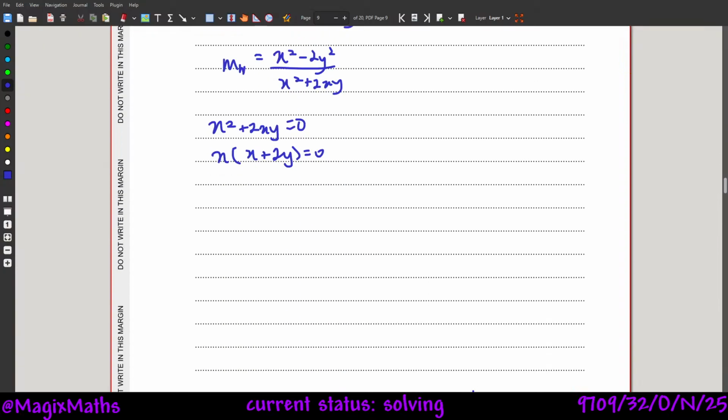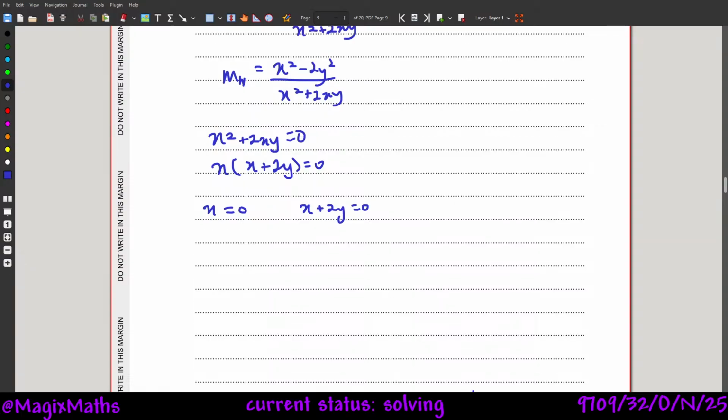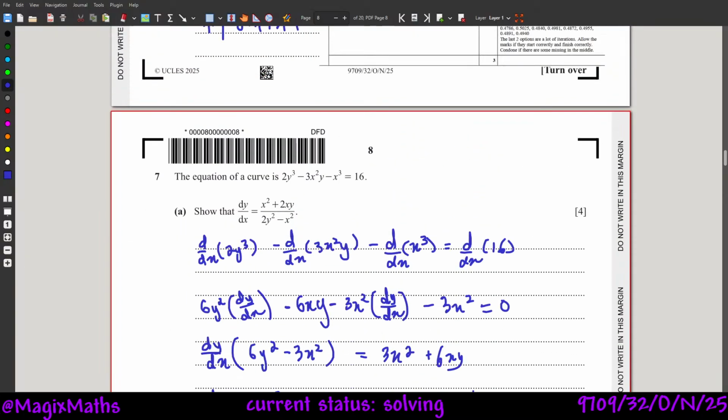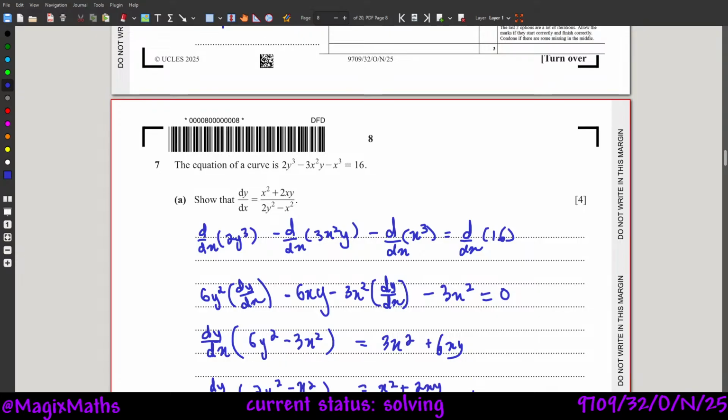So our first situation is that x is equals to 0. We have x plus 2y equals to 0. So how do I find y now? Shall we put it back on our initial equation? I think that should be possible.